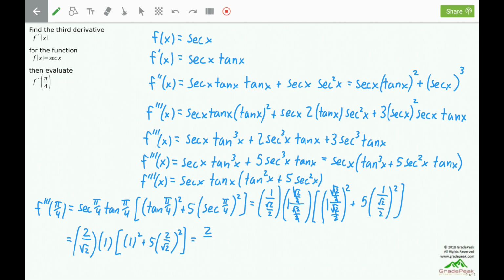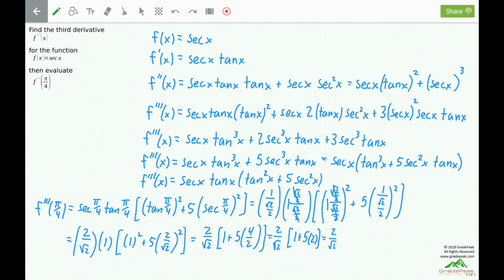So 2 over root 2 times 1 at the beginning will be 2 over root 2. And then inside we have a 1 squared, which is a 1, plus a 5 times 2 squared, which is a 4, and root 2 squared, which is a 2. Root 2 times root 2 will give us a 2. That 4 over root 2 can reduce down to be a 2.